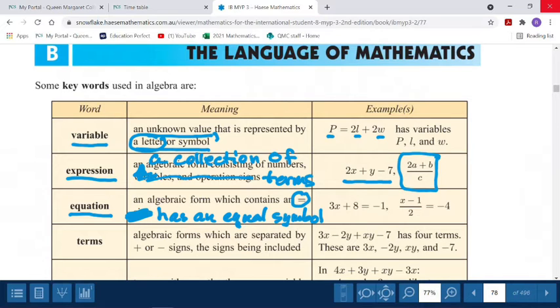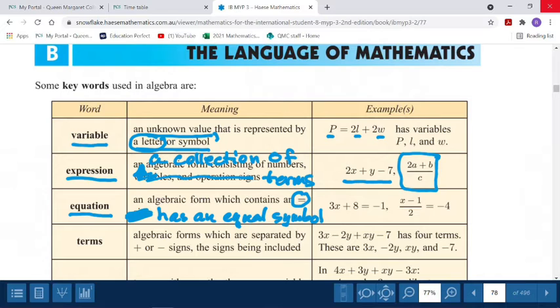It's a symbol. It's a mathematical symbol representing an operation or representing an idea. It's not a sign. Signs are pluses and minuses. But since you learned it this way for your whole lives, I will tolerate you saying equal sign. But you should really know that it's not a sign. It's a what? Symbol. There you go.